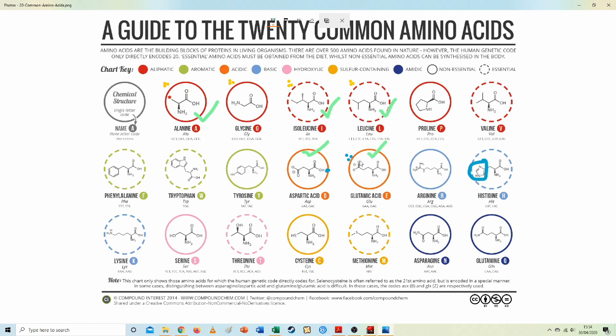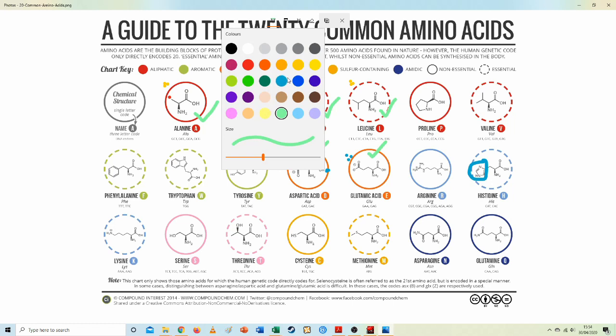We don't need to go into a huge amount of detail. You don't really need to know the names of them. It's probably a good idea that you get to grips with some of the basic names, like glycine's your simplest one. You might want to pick out arginine as one with a formal positive charge and aspartic acid as one with a formal negative charge, just so you've got something in your head to really think about.